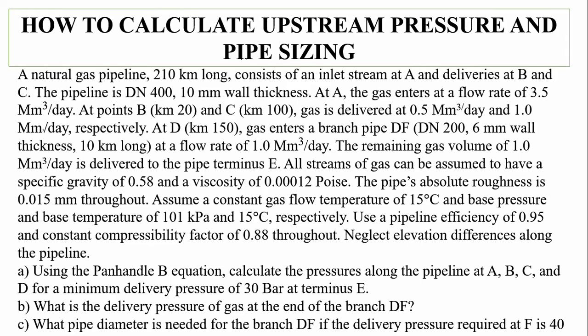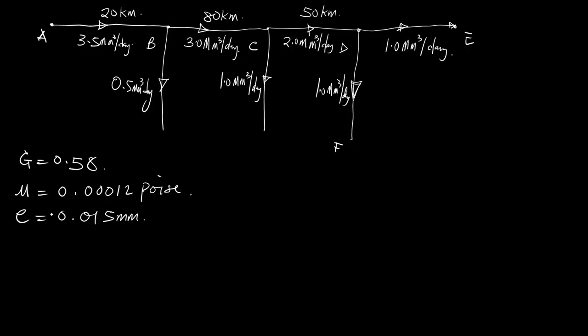So now, assuming a constant gas flow temperature of 15 degrees C, which is 273 plus 15 equals 288 Kelvin. Now we are converting it from C to absolute temperature.